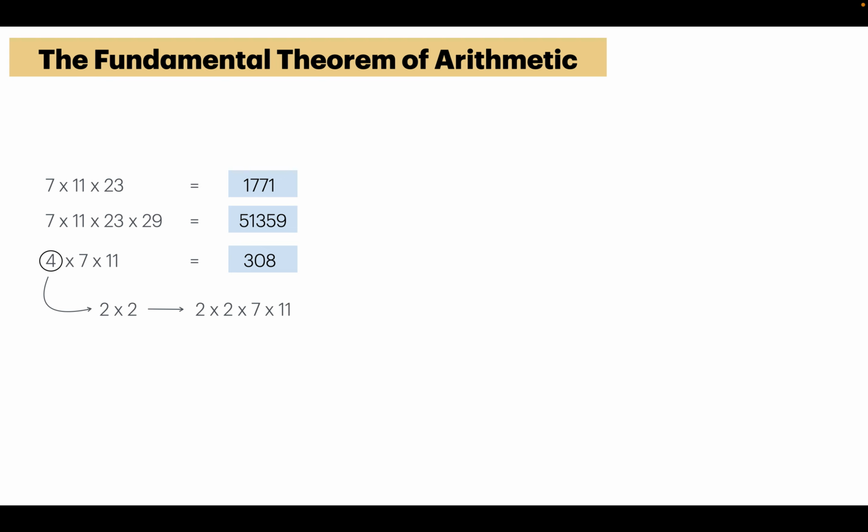So I can write it as 2 times 2 times 7 times 11. And let's try one more number, multiply it by 10. So this is going to be 3080. Well, I should have taken an odd number, but let's stick with it. It's 10 here, so this number I can further factorize as 2 times 5.